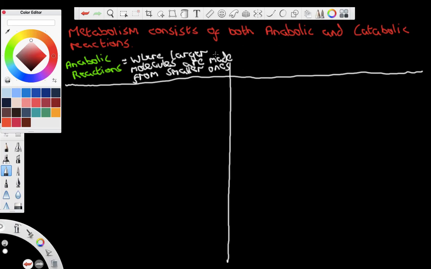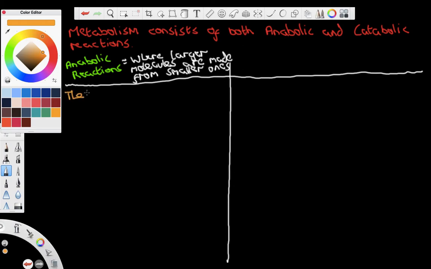Okay, so anabolic reactions are where larger molecules are made from smaller ones. Now, anabolic reactions tend to be endothermic. They take in energy from the environment.